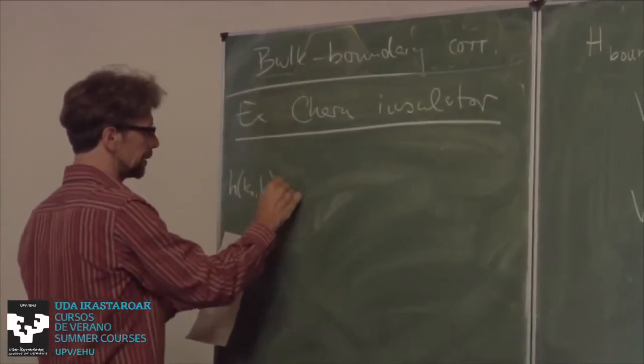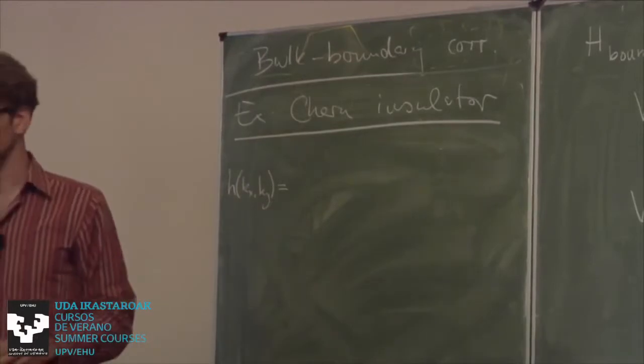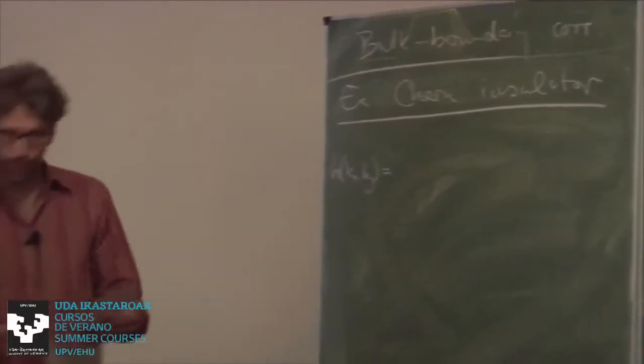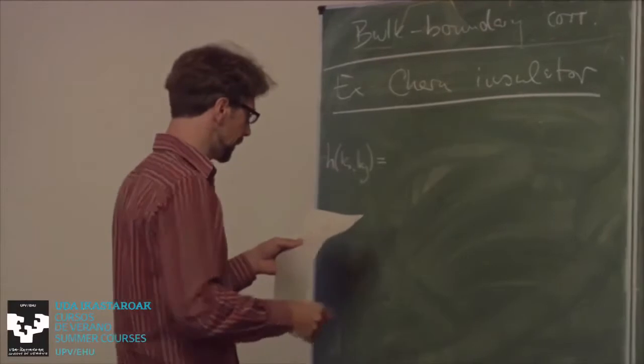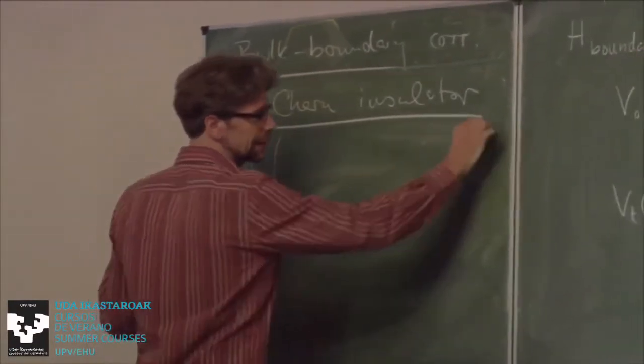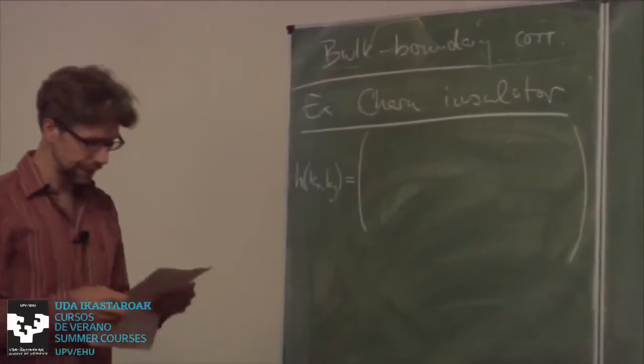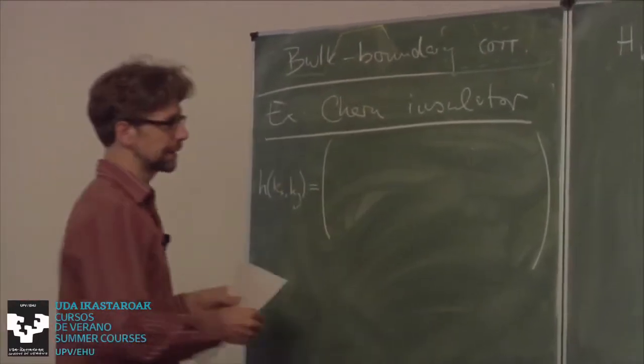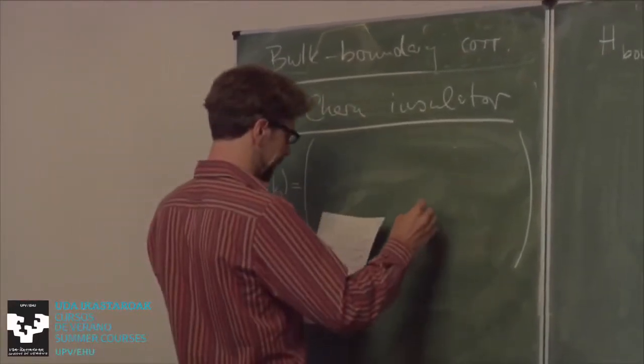I'll define the Chern insulator via a two-dimensional Hamiltonian for a two-dimensional system in momentum space directly. And that system will start off with something like the Su-Schrieffer-Heeger model that we've discussed before.